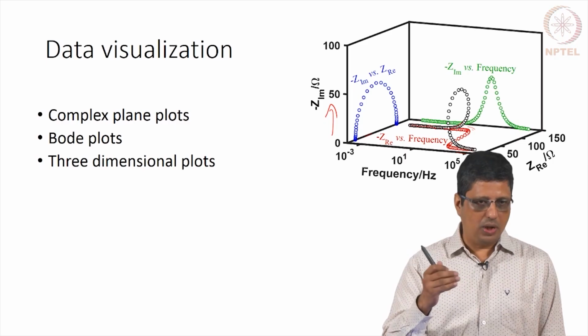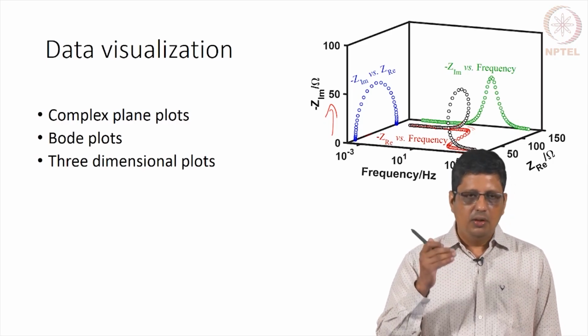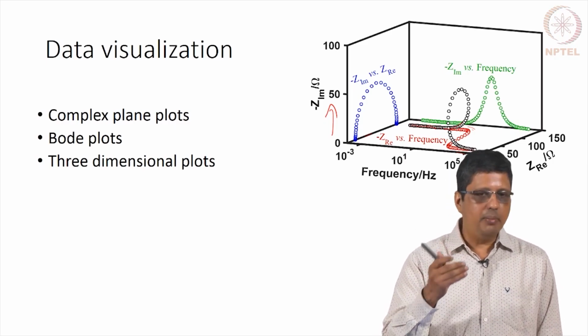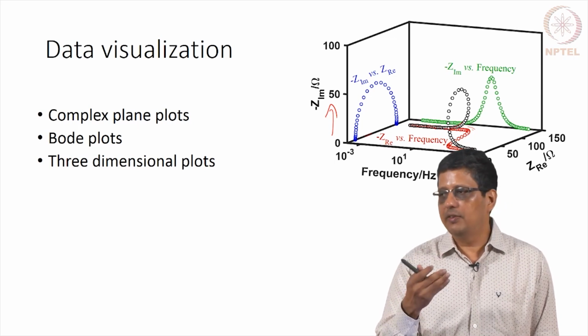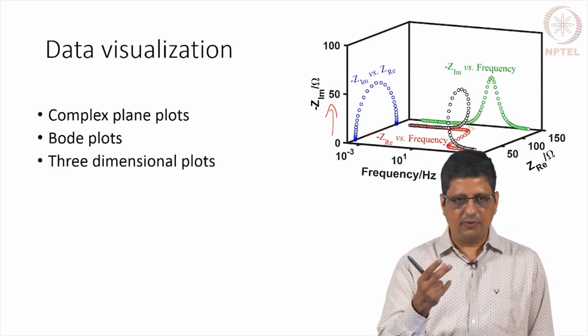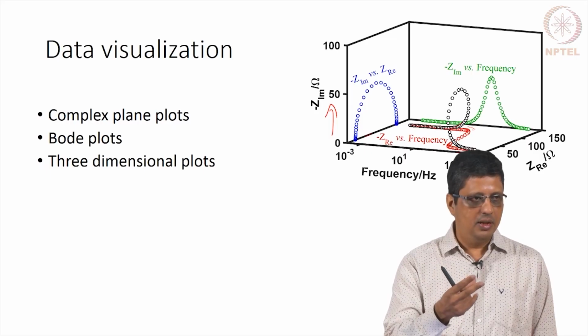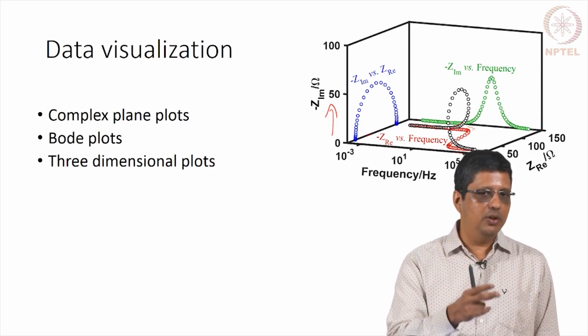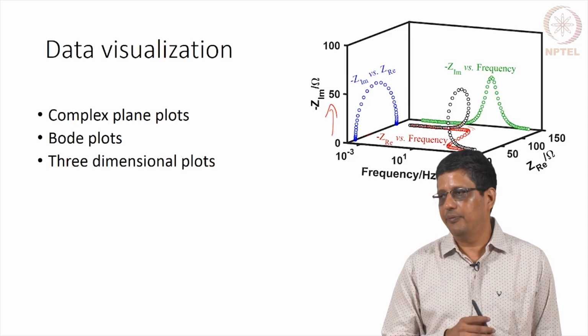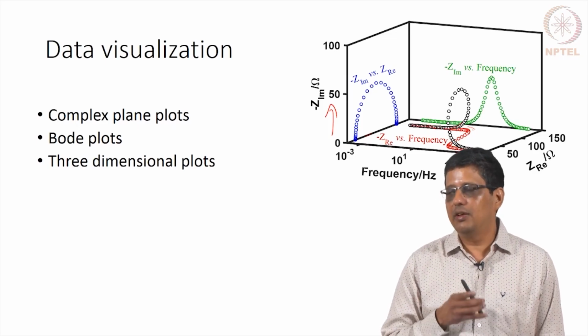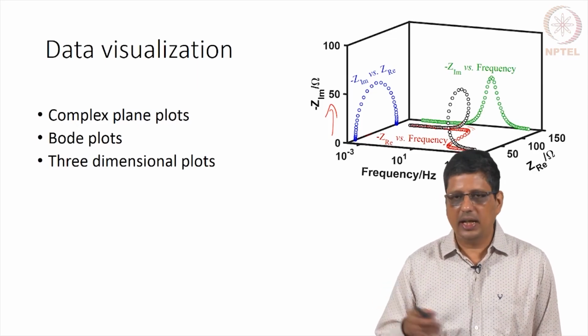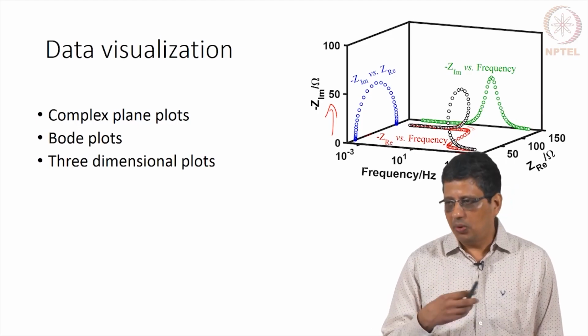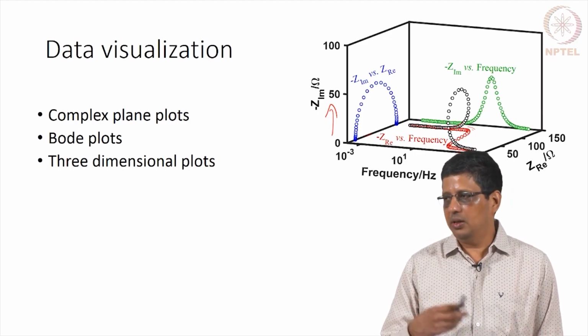Usually you want to compare more than one set of data. We look at the data and see which format brings out the point very clearly. Whatever we want to understand from that, whatever we want to say from this, which format brings out that point clearly, you have to use that format for that set of data. You can't just say I will plot only in Bode format and do the analysis. I will plot only in complex plane form. You have to plot in all the three formats.